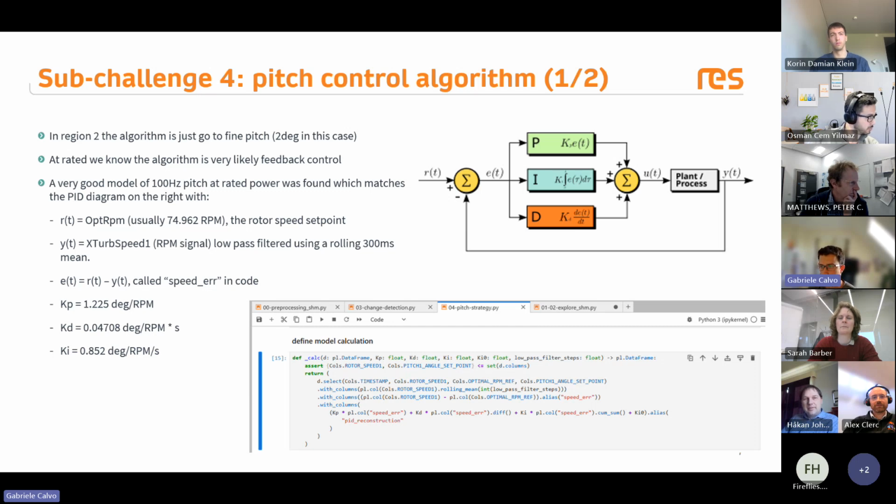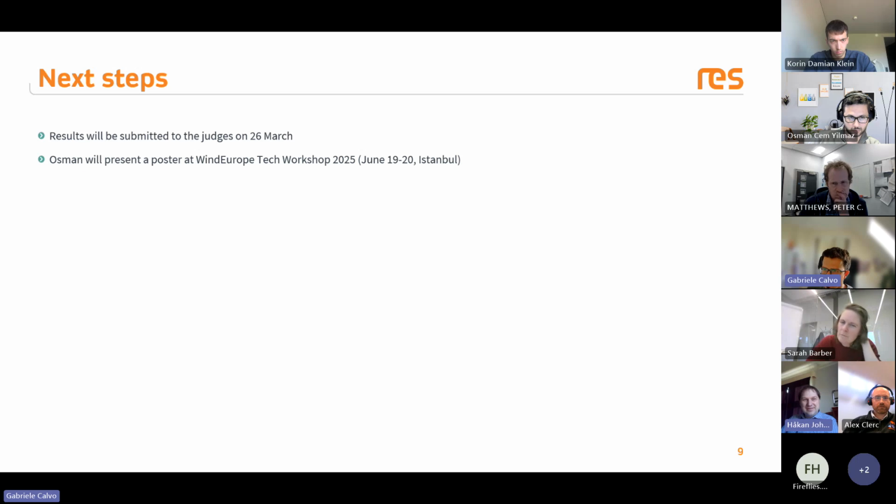I think the 100 Hertz data is just for a very limited time, so you might want to cover more of the different ones. That makes sense. Yeah. Okay. No, we didn't try for lower ones. Okay. I think that's it.